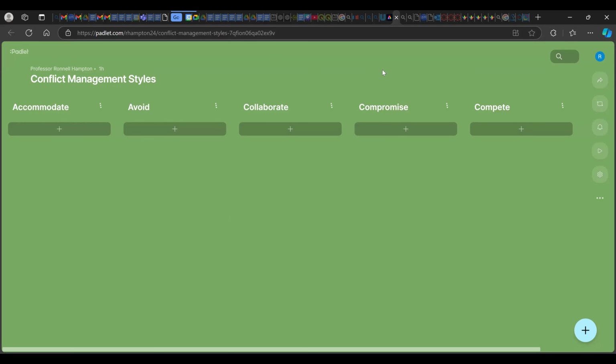Which of these conflict management styles in the projects that you're currently working on or in projects that you've worked on in the past have shown up in your design process? Describe the scenario in context of the conflict management style and describe why you think that conflict management style was most effective or ineffective, right?